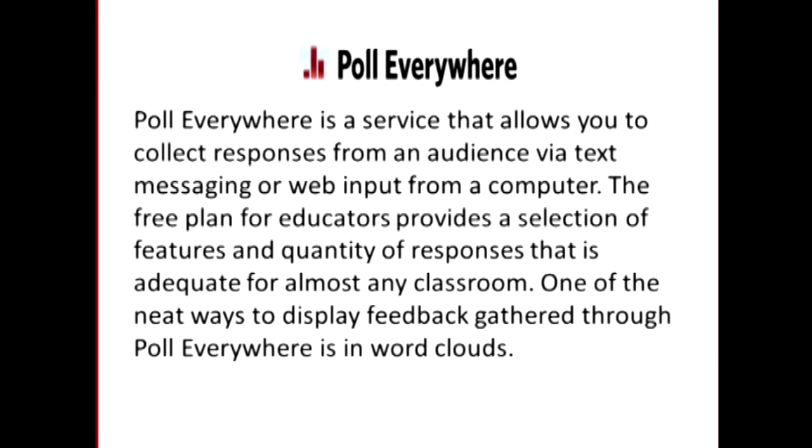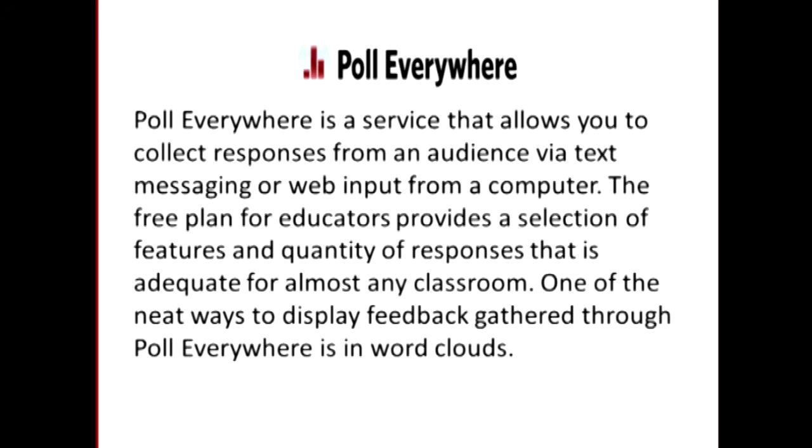But I want to quickly mention a few honourable achievers, and the first one is Poll Everywhere. When I first saw Poll Everywhere, my life changed. It is an amazing, amazing tool. What Poll Everywhere does is it gives you the opportunity, if you're in a face-to-face environment, if you're conducting face-to-face training, of getting feedback immediately through electronic means.